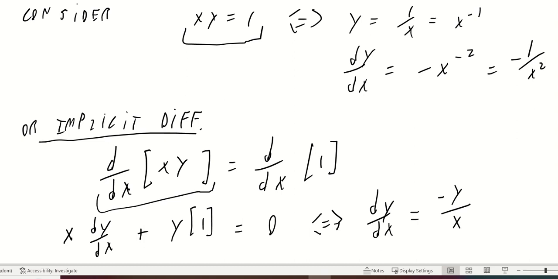Now we know what y is equal to from this equation here: y is equal to 1 over x. If we substitute in y equals 1 over x here, we get minus 1 all over x squared. So now these two answers agree. One was solved implicitly, and one was solved explicitly.